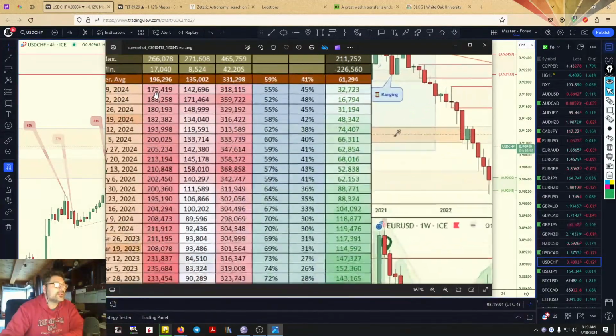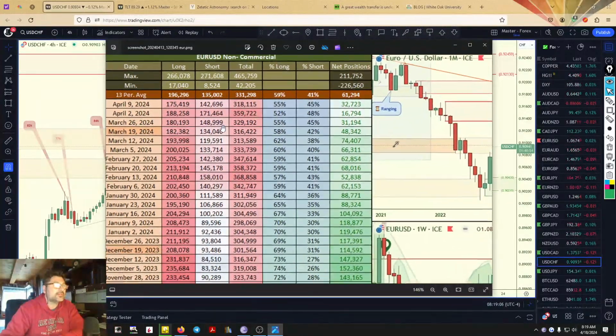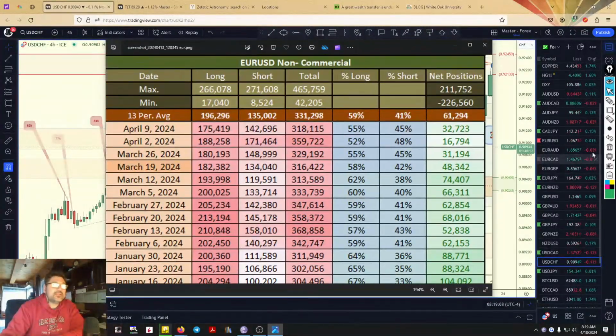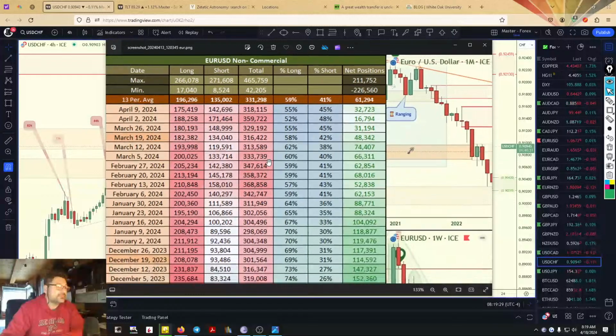EURUSD. Here's the one that we've been tracking very, very closely. So when we look at the data, what do we see in terms of longs? I told you, if you've been watching our videos, the banks are focused on offloading their long positions. I've been saying this for the longest time, if you guys have been following us on our YouTube channel.